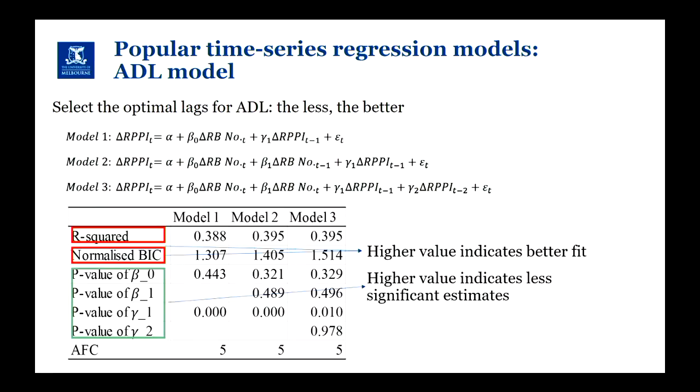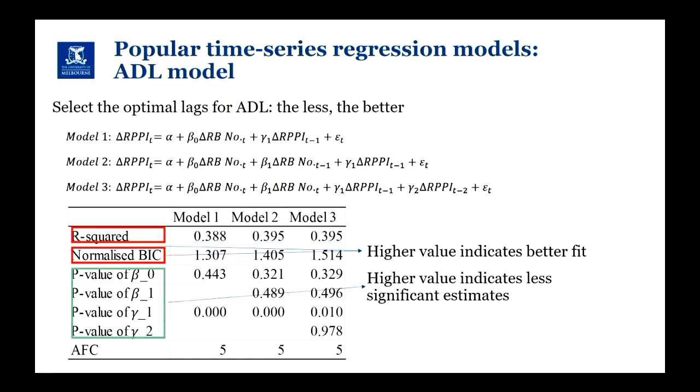And then we can compare these 2 models. We will find that even though the R square increases, the extent is very, very slight. And also the value of BIC increased, but very slightly. And the first rule for selecting the optimal model is the less the better.